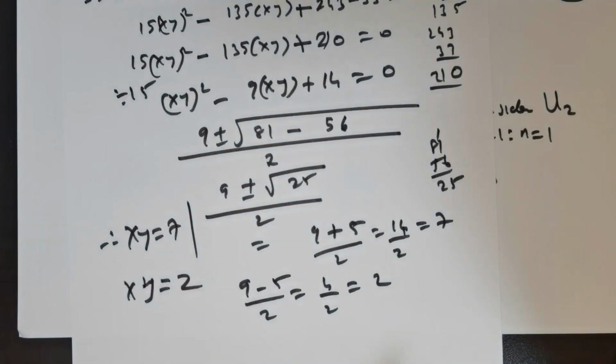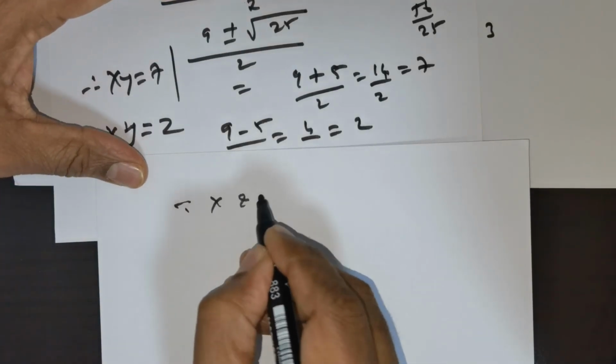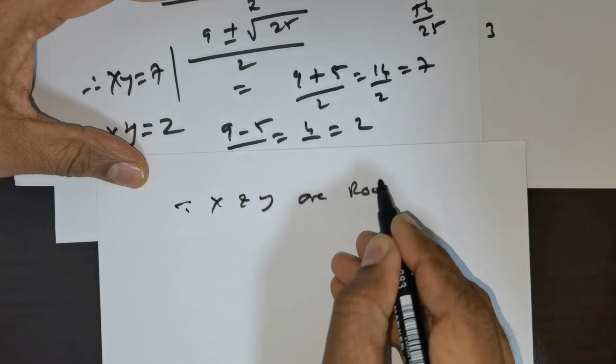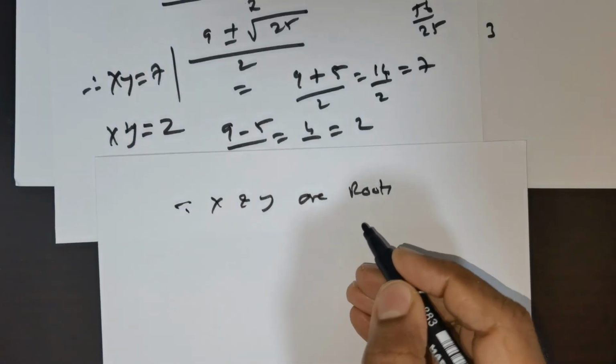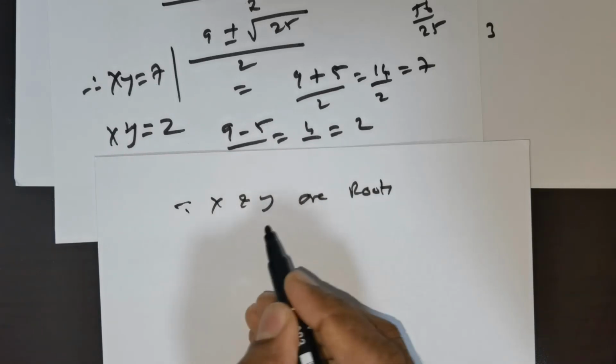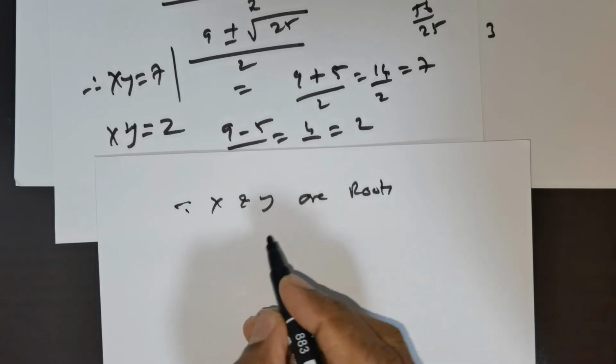So the question is, how are we going to move forward? Now since x and y are roots, because we are actually looking to find x and y, then clearly we can write the sum of the roots and product of the roots.